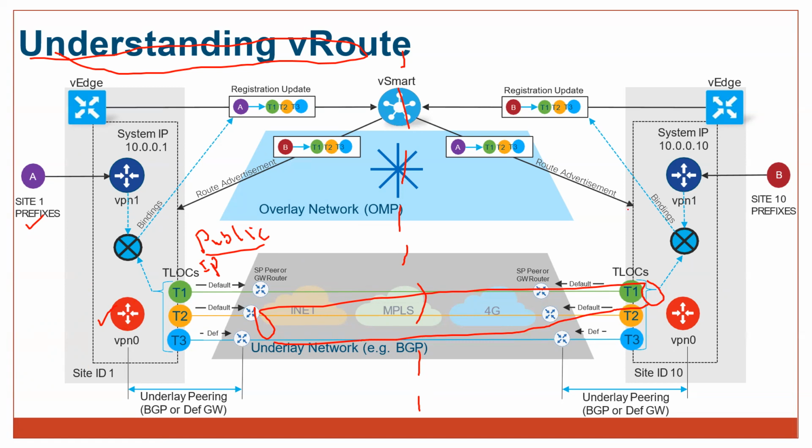Means if you know the IP address here and the IP address here, if these devices know their end host or gateway IP addresses, then that's the first criterion. The second criterion, as I told you earlier, is that vSmart works as a key server. So they know their different types of keys via vSmart. vSmart is sending the key.